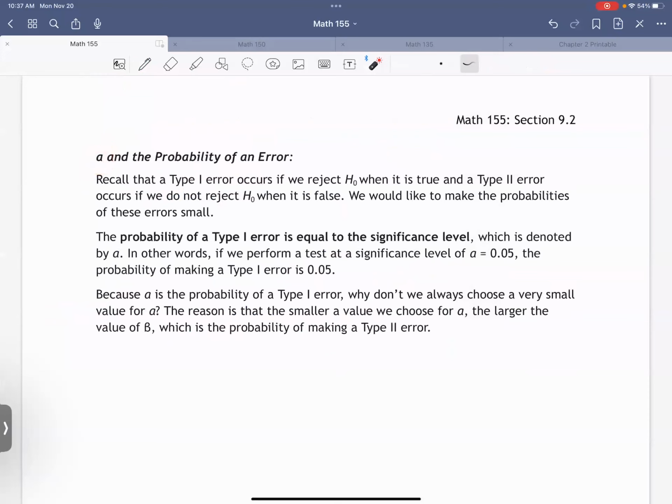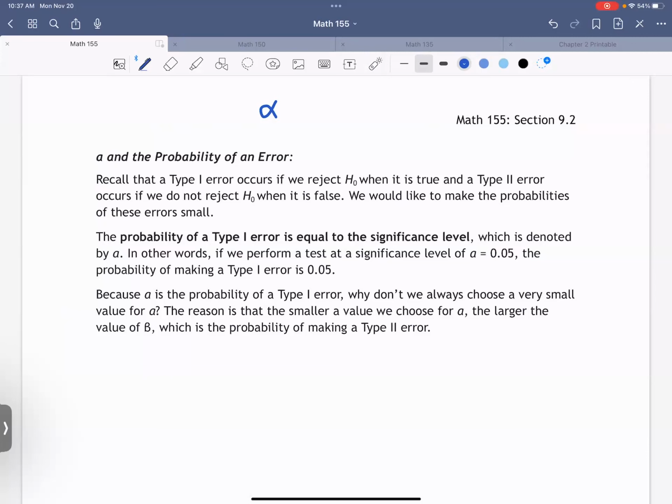Okay, now I talked to you about this level alpha, which I said was the significance level. Now alpha is just given to us in the problem. I didn't really talk about what it was. There's a formula for the confidence level and it's in there. Basically, what alpha is, if you remember from last Monday, we talked about errors, right?